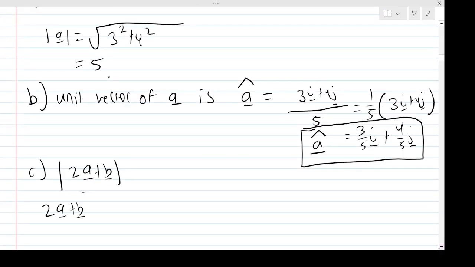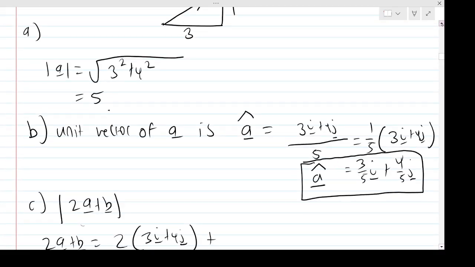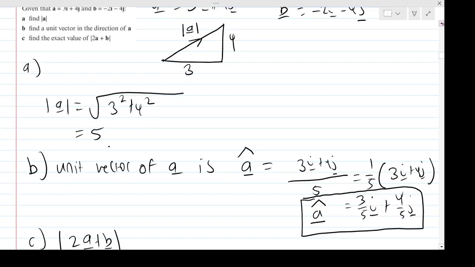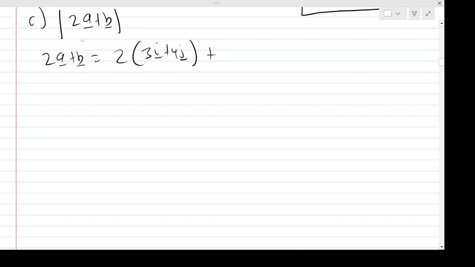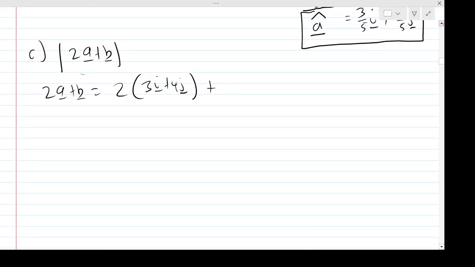It's going to be 2 lots of vector A, which is 3i add 4j, and then adding on the vector B, which is up here, minus 2i minus 4j. So we can firstly expand the bracket. 2 times 3i is 6i, 2 times 4j is 8j.